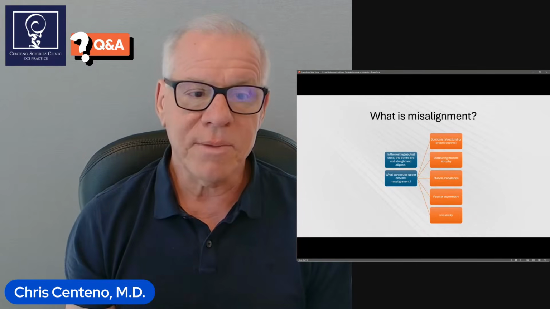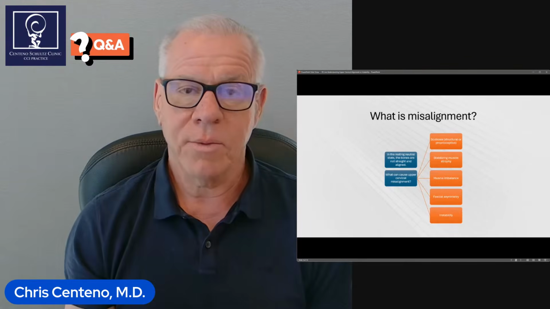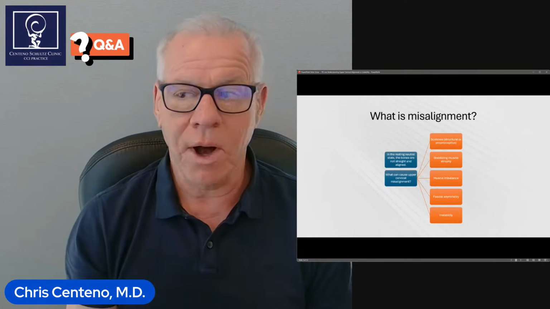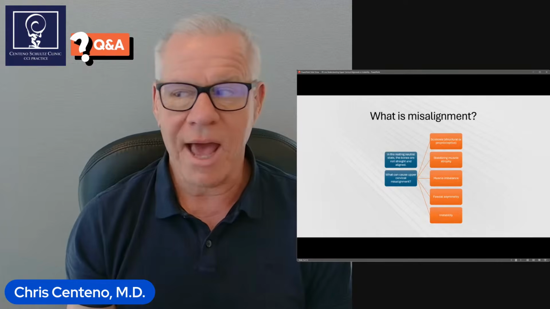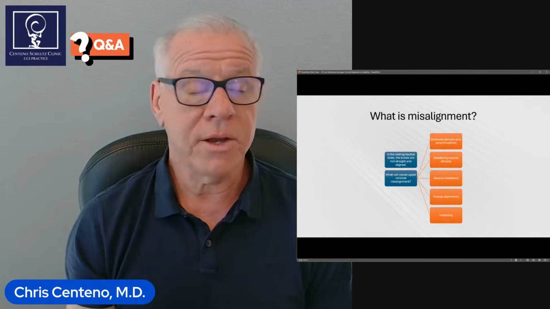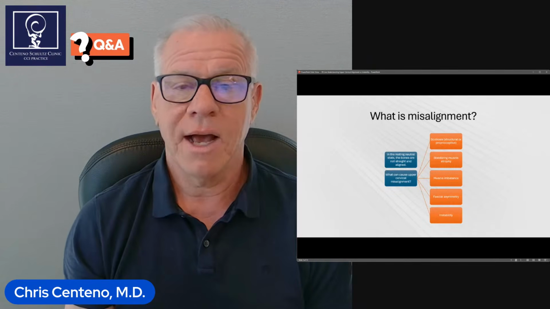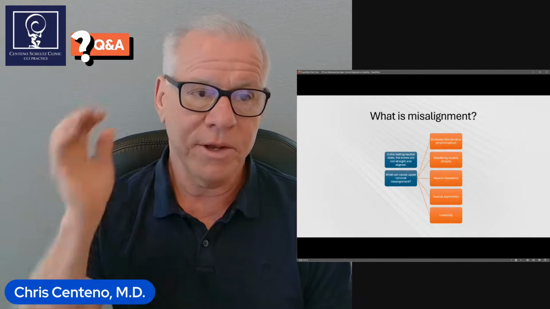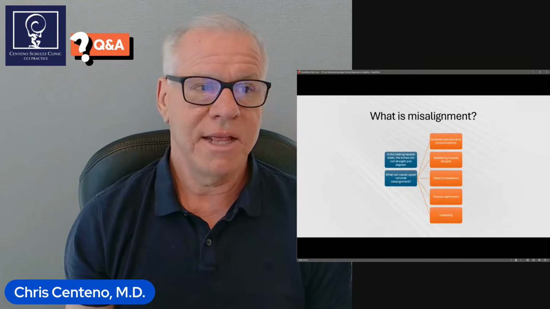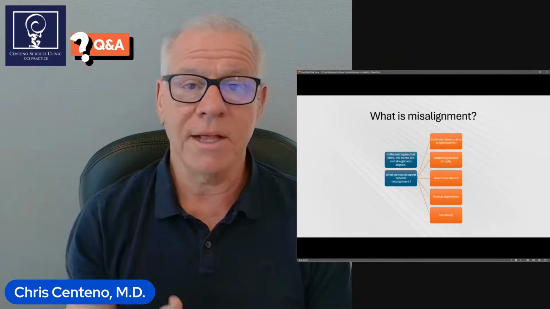You can also see misalignment due to stabilizing muscle atrophy. When those upper neck muscle stabilizers go offline, you can also see that on MRI. You can also see it when you have muscle imbalance. I see many times on MRI where the right upper cervical stabilizer, let's say the obliquus capitis inferior, is bigger than the left.